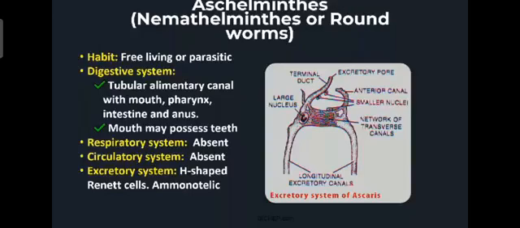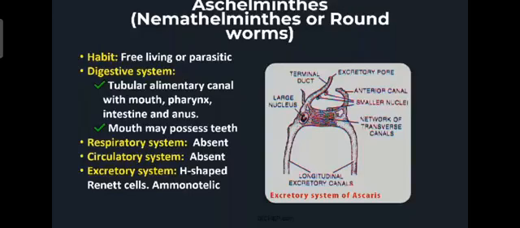Two openings are there, mouth and anus. So it is a complete type of digestive system. Then the mouth may possess teeth. Teeth are present in some animals. Clear?